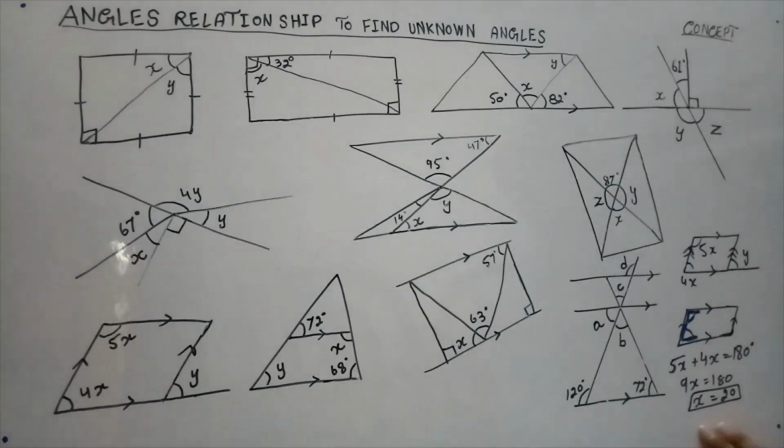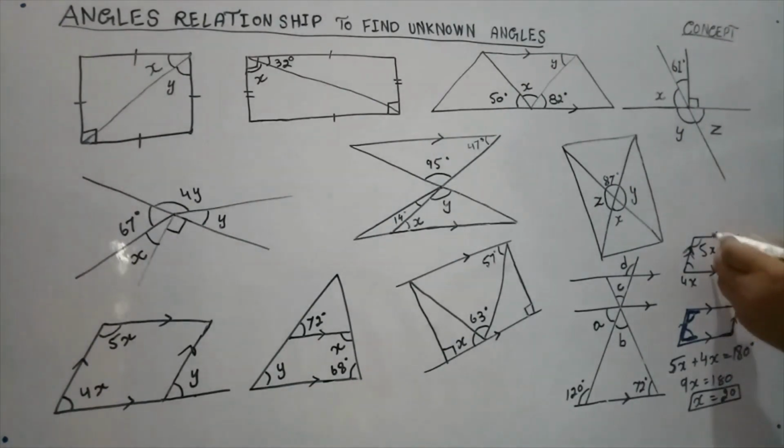Here we have only found the value of x, but not the values of these two angles. To find them, we have to multiply by 5 and 4. To find this angle, we multiply the value of x with 5. So 20 multiplied by 5 will be equal to 100 degrees. So this 100 degrees is the angle of 5x.